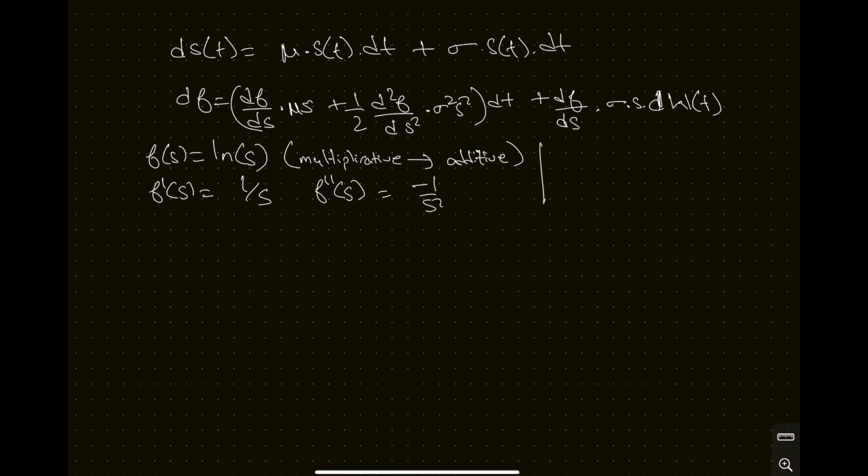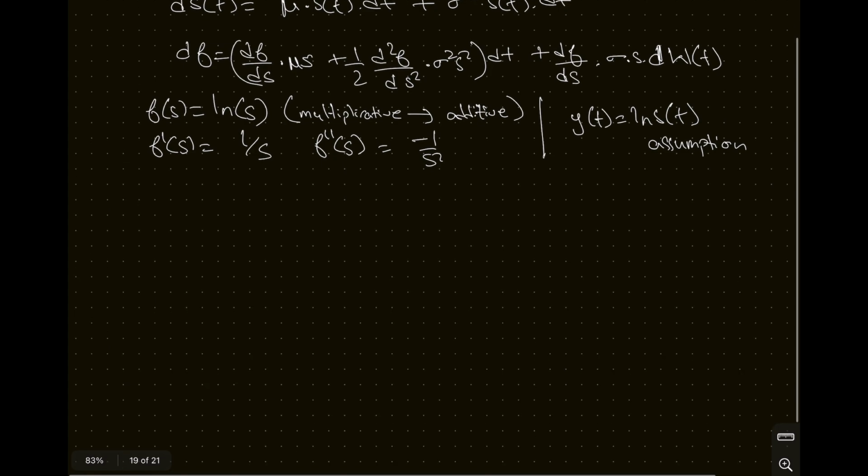Because d of f of S would be d of ln of S of t, to make it easier, let's take y of t as ln S of t, as an assumption. So let's substitute. d of f, which is d of ln S of t, would be d of y of t, right?